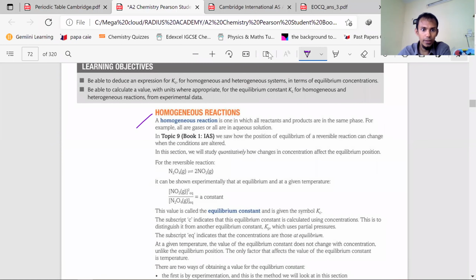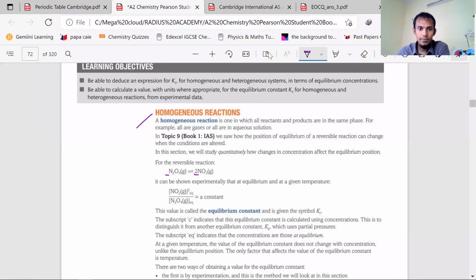If you look at this reversible reaction, N2O4 gas is in dynamic equilibrium with 2 moles of NO2 gas. How is the expression? Concentration of product squared divided by concentration of reactant to the power 1, because 1 mole.